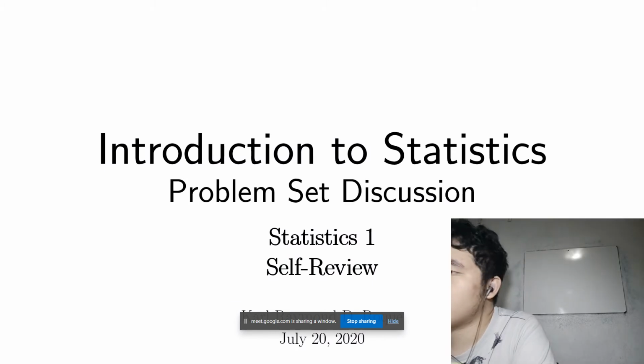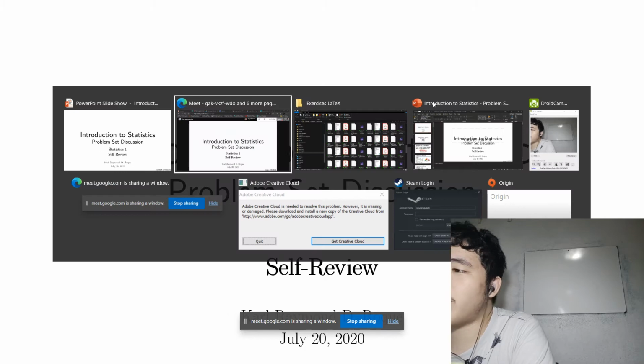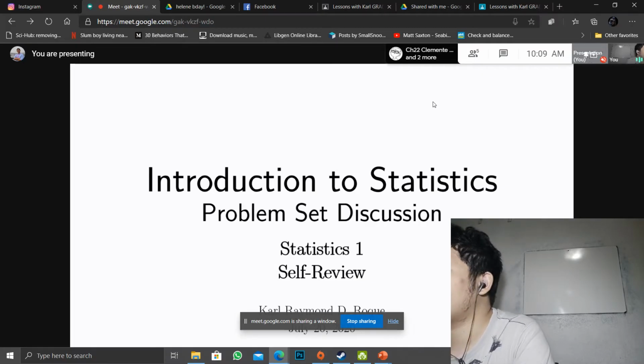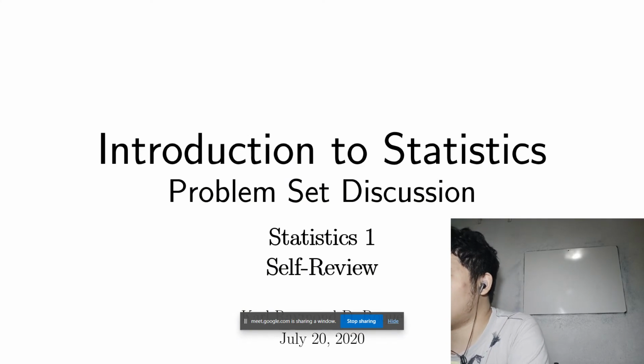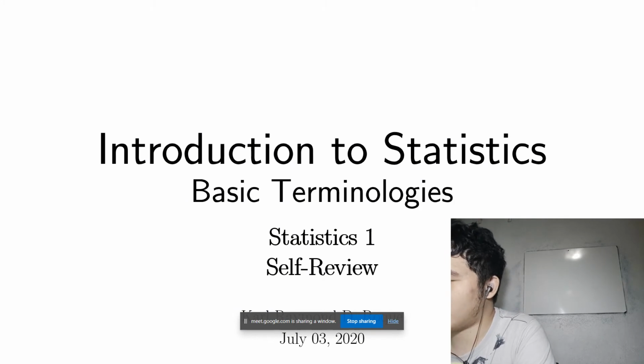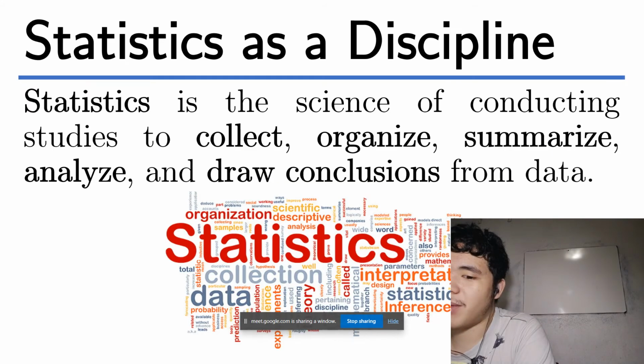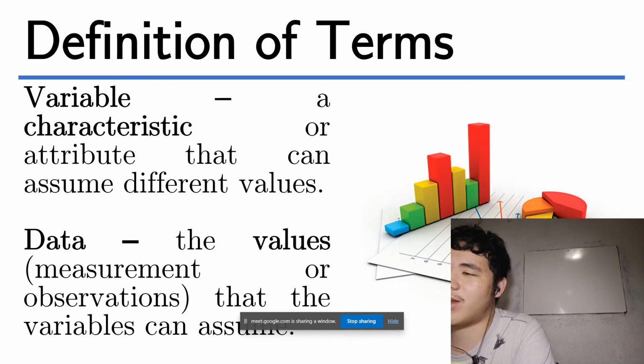Anyway, so, basic terminology. Recap lang tayo na sandali, no? Before we go into the discussion ng problem set natin. Siyempre, basic terms. You know that this is statistics, no? Collection of data and drawing conclusions. Definition of terms, variable is what we measure that can have different values.